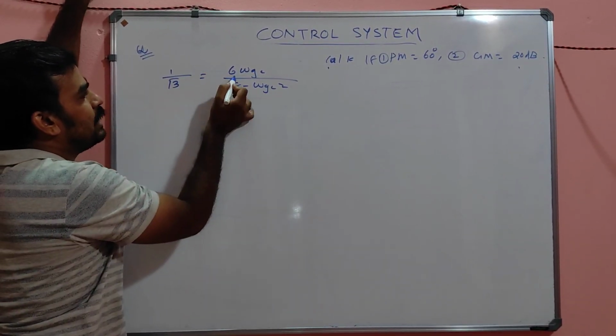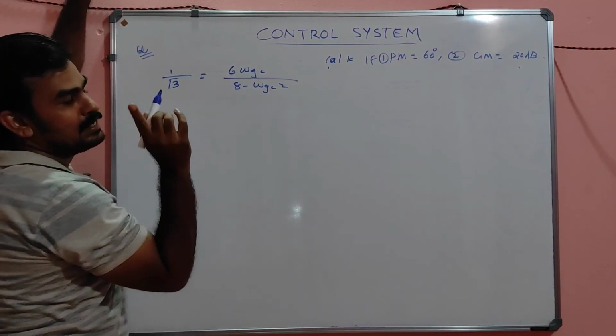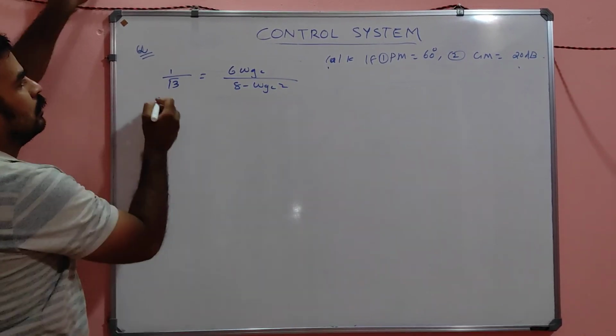I can't say that 6 omega g is equal to 1. But this into this will be this, I can say. So I can say one thing, my dear: 8 minus omega gc square, 6 omega gc root 3. This I can say.